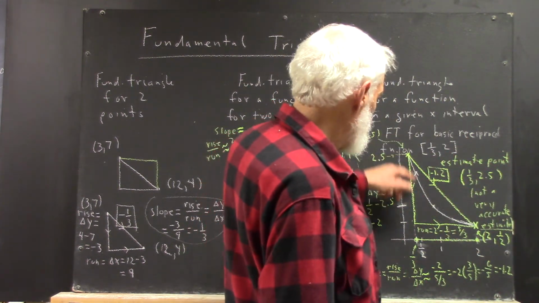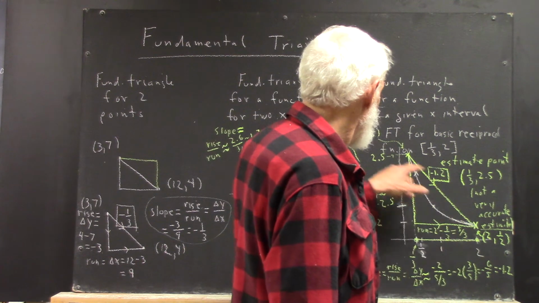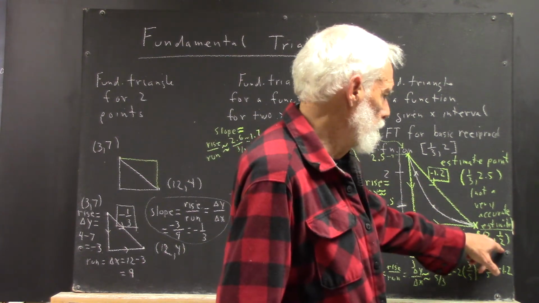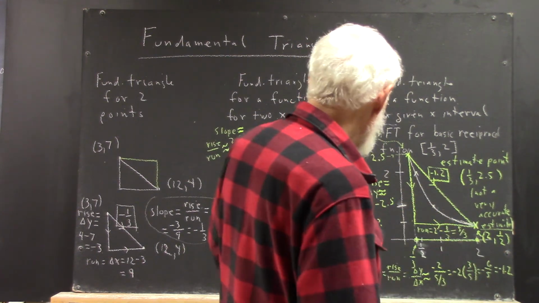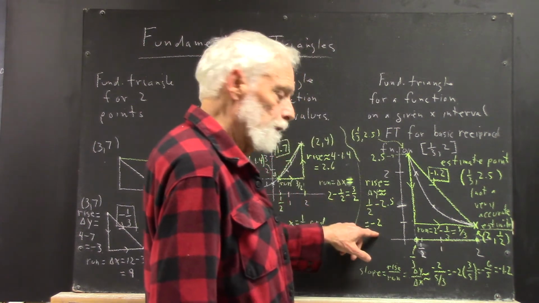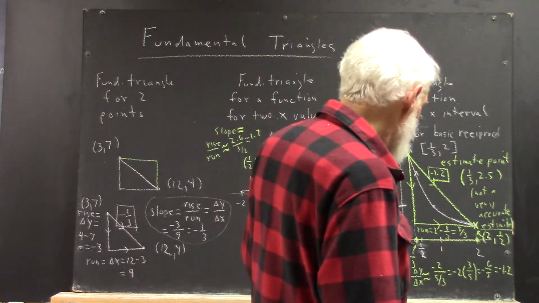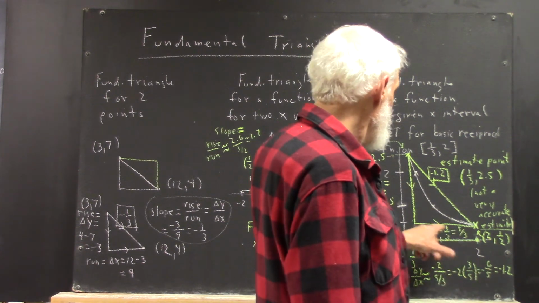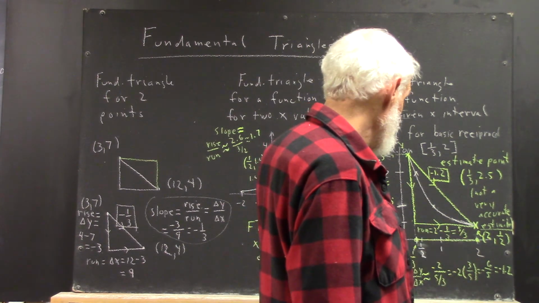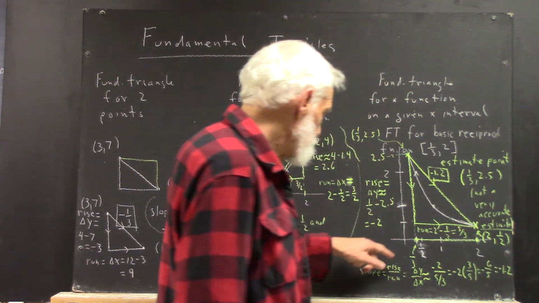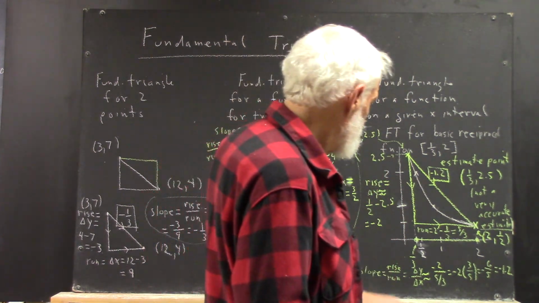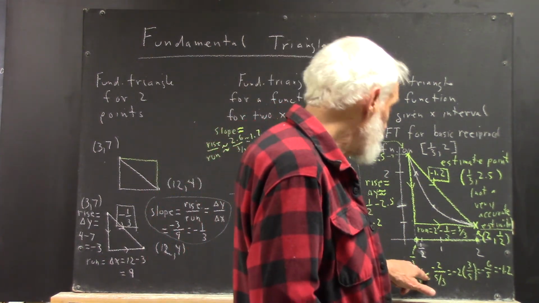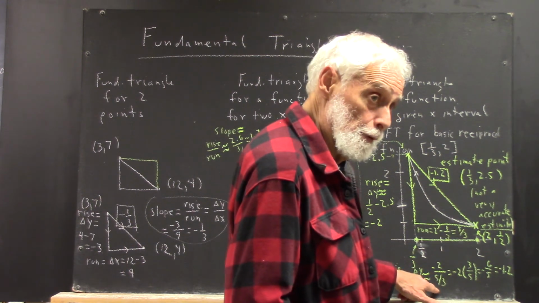So from the y coordinate 2.5 here to the y coordinate 1/2 here, the rise is 1/2 minus 2.5, which is -2. The run is from 1/3 to 2, which is 2 minus 1/3, which is 5/3. Then the slope is rise divided by run, that's delta y over delta x, approximately equal to -2 over 5/3.